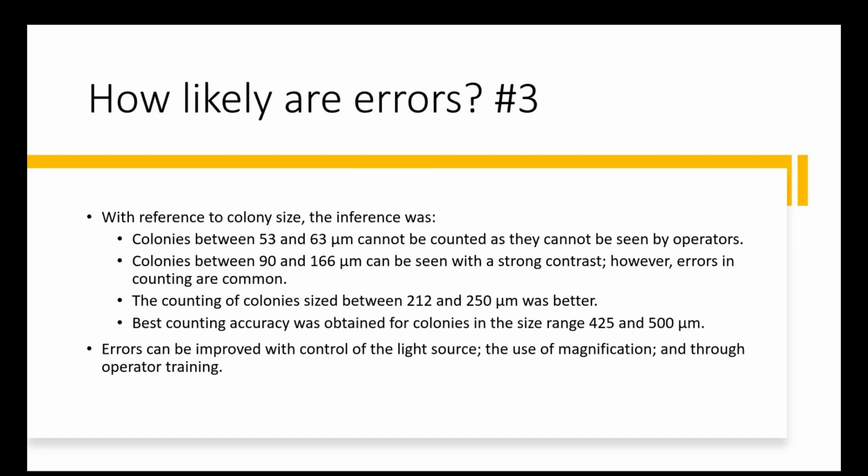The greatest counting accuracy, the most successful outcomes, were for colonies in size from 425 to 500 microns. For colonies of this size, the position in the agar or the fact that they were white or black coloured didn't make any difference. So this was sort of an optimal range.